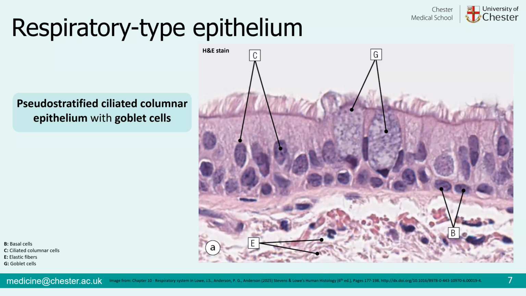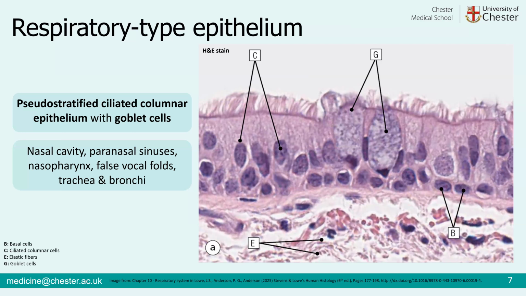So you can see that lovely carpet fringe on those cells there, the cilia on the apical membrane. They're columnar, so although we can't really see, it's not as nice as the cartoony diagram, they are definitely taller than they are wide. And we can see here we have some cells specialized to secrete mucins, which when mixed with water will make our mucus. So we have those goblet cells there.